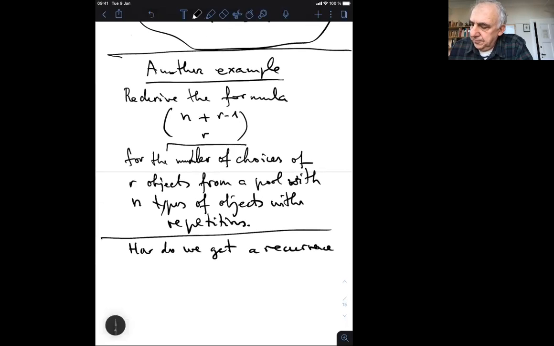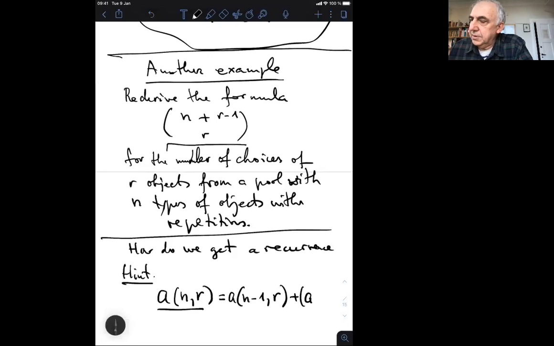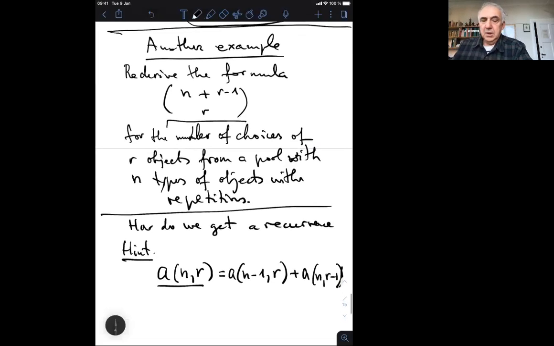So A of n and r, this number we are looking for, equals A of n minus 1 and r plus A of n and r minus 1. Okay, how do we get this?